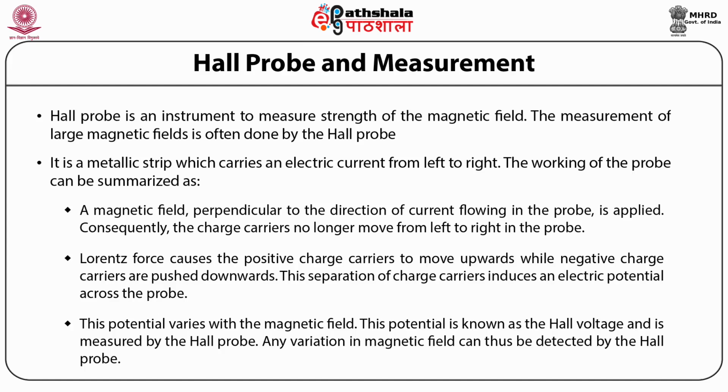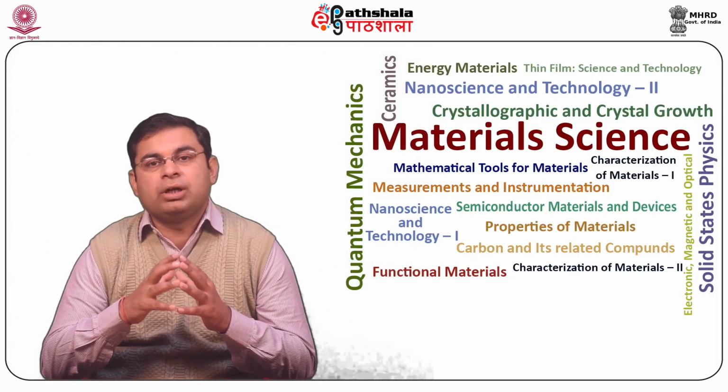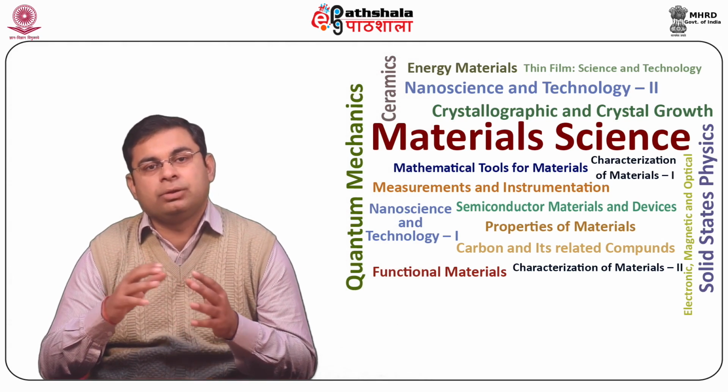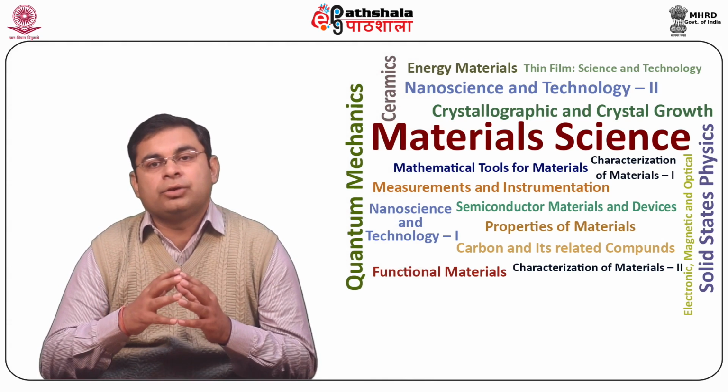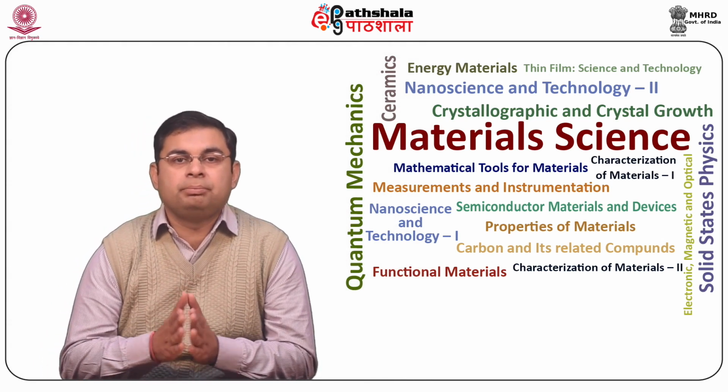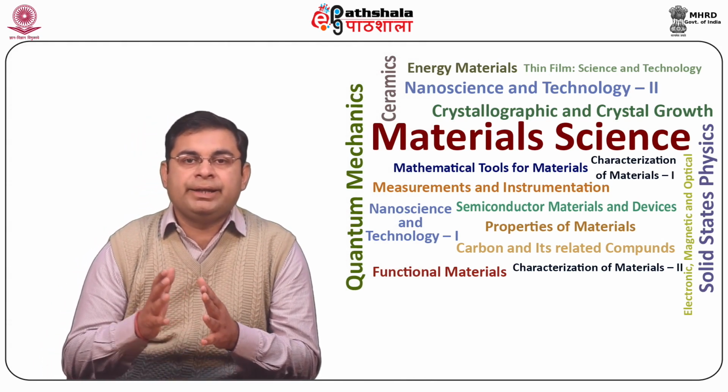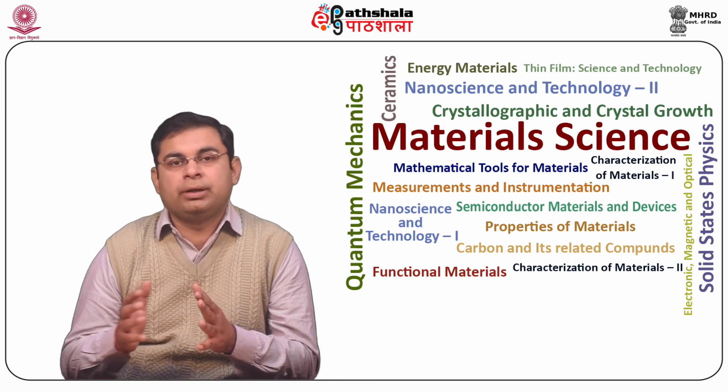Any variation in the magnetic field can thus be detected by the Hall probe. The Hall probe includes a compound semiconducting crystal like indium antimonide supported by an aluminium backing plate and encapsulated inside the probe head.